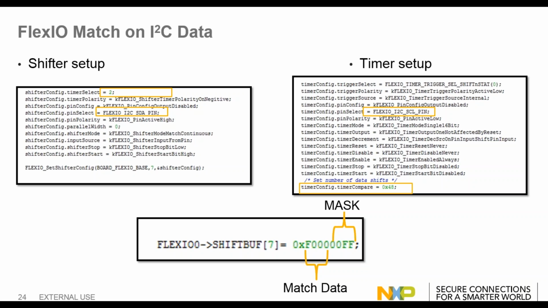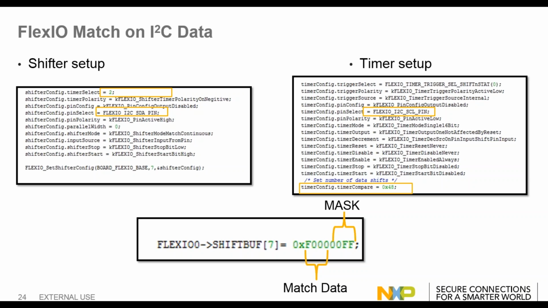The shifter is associated with the I2C SDA pin because this is where the data is going to be coming in and this is the data that we want to monitor. And the timer that is associated with this shifter is timer 2 because this is the timer that we're going to use to control how that data is shifted in.